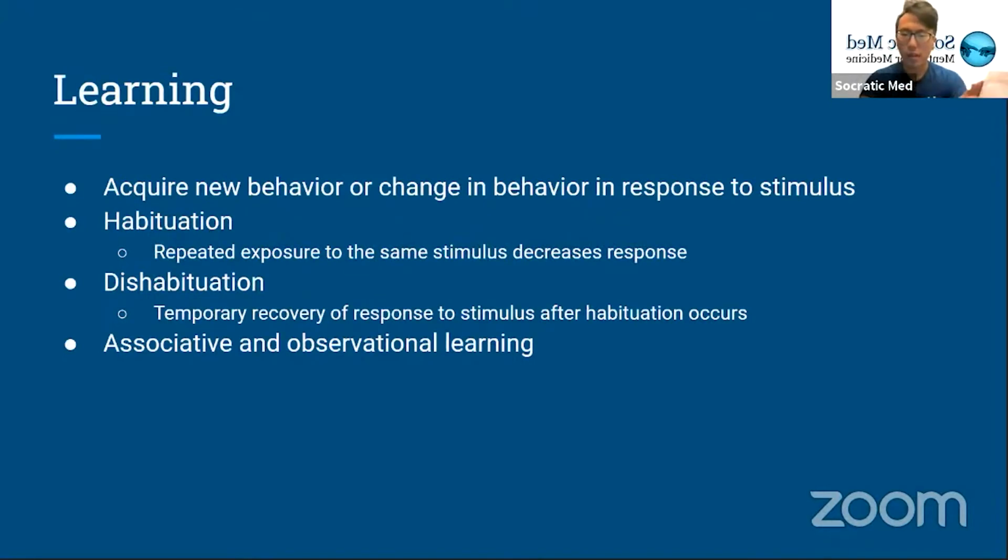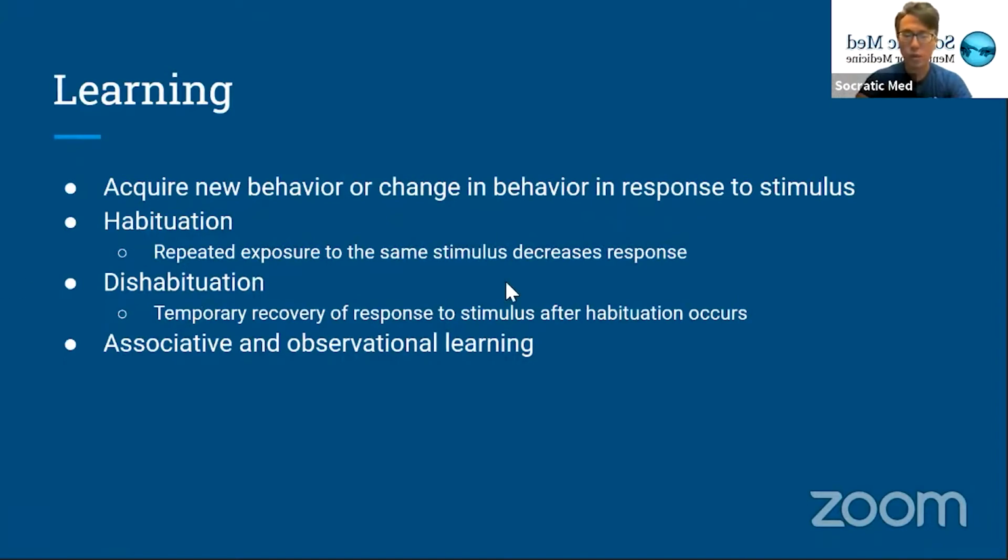It's kind of like alcohol or drug tolerance. After repeated exposure to that specific drug or alcohol, you're going to have a decrease in response to it, so a less high or less drunk than you normally would without repeated use of that drug or alcohol.